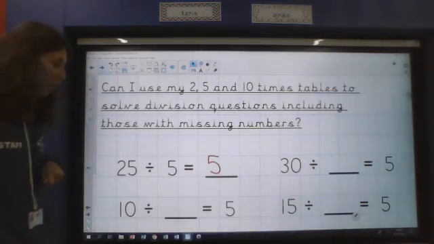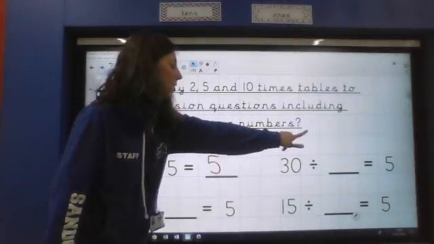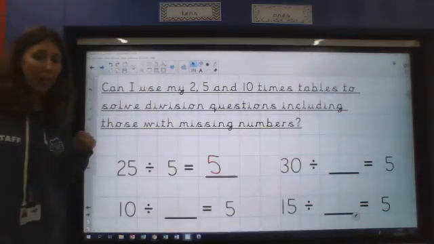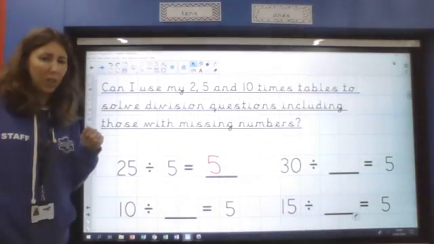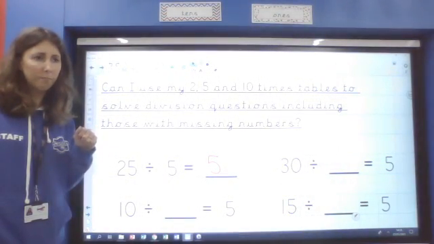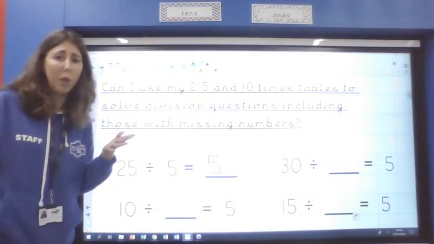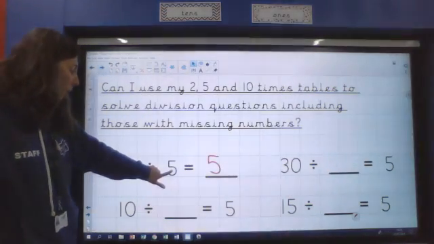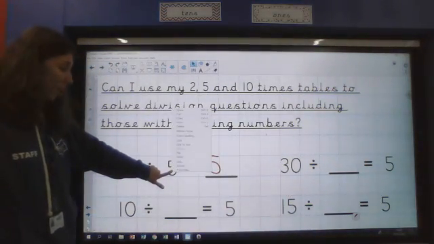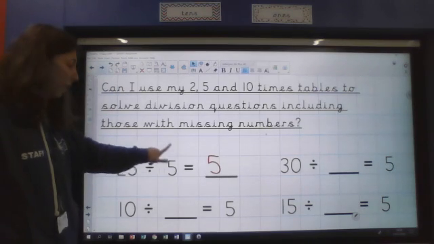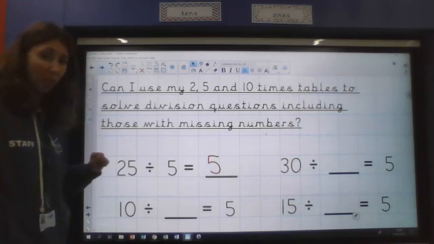You can see for these ones, the answer is going to be 5 each time. So what times table do you think we're going to be using? 5 times table, aren't we? So just like when we're dividing by 5, we count in 5s to get the answer.